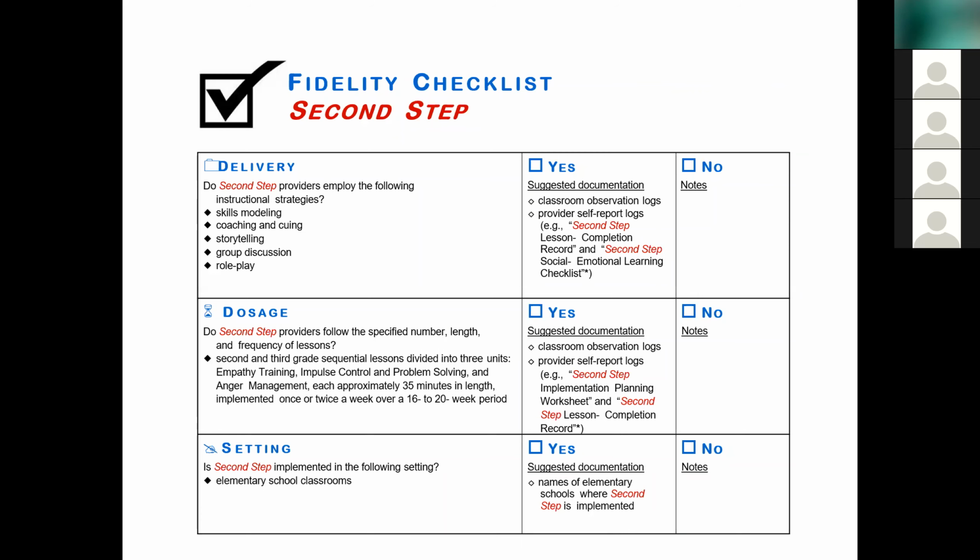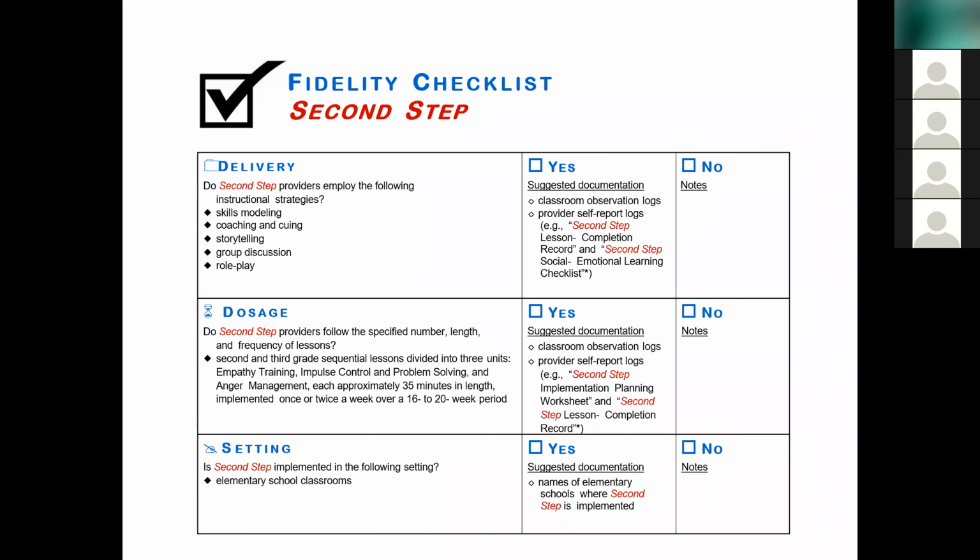Okay, now let's talk about dosage. Again, they are talking about how it's supposed to happen, what it's supposed to look like, and did it happen in that way. They've again said that the classroom observation logs, as well as the provider self-report logs, are those pieces that you need in order to make that happen.